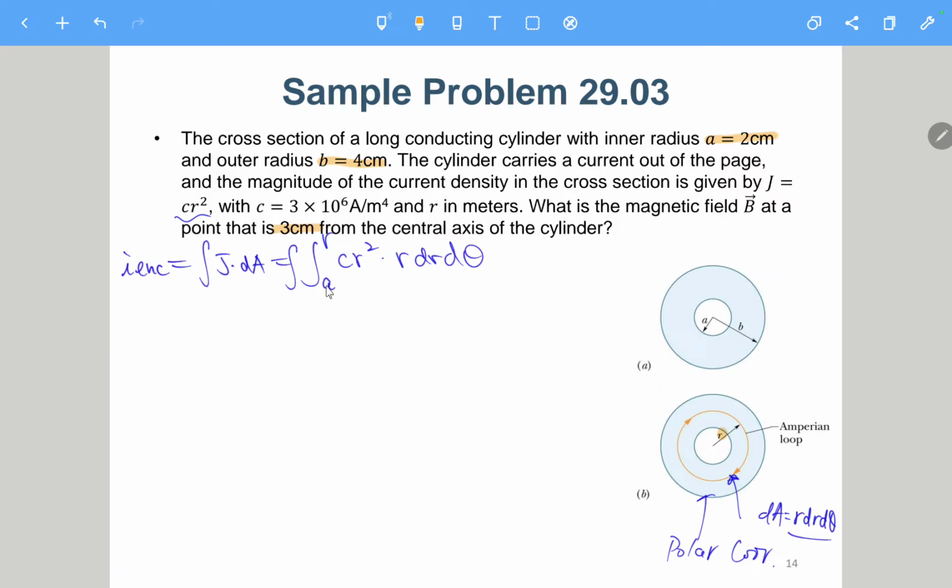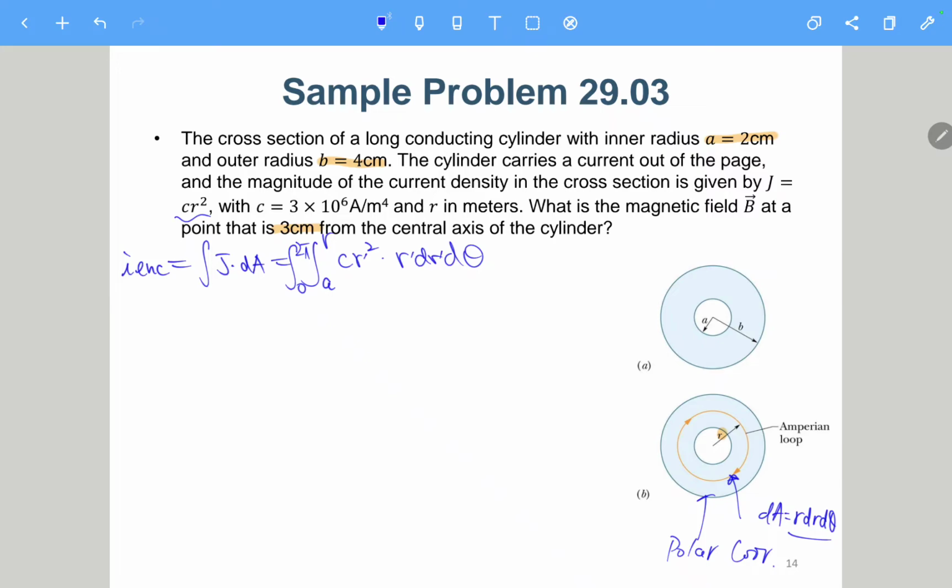So we have a lower bound a, and upper bound small r. Maybe we can write it as r prime, dr prime, so that r prime and r are different things. For theta, this is the whole 360 degrees, so we integrate from 0 to 2 pi as usual.